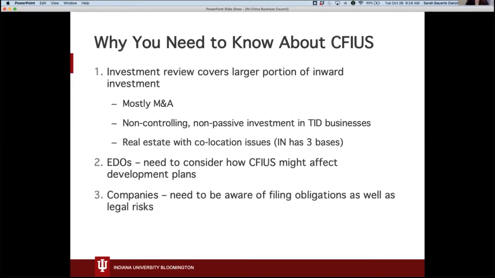And then from a company perspective, it's really important whether you are the potential target or acquirer to understand what your filing obligations are, as well as your legal risks, so that you go into any kind of investment negotiation fully understanding what you're getting yourselves into.